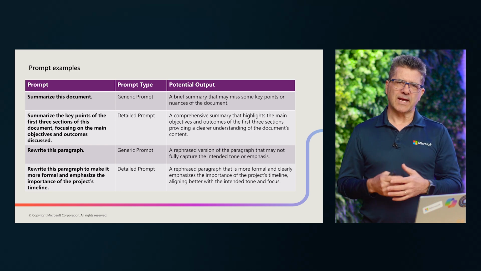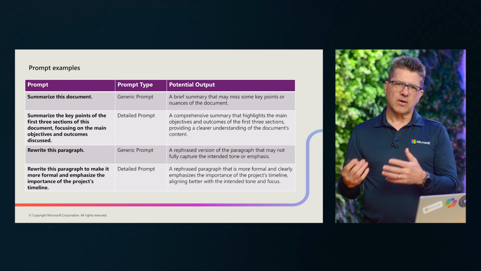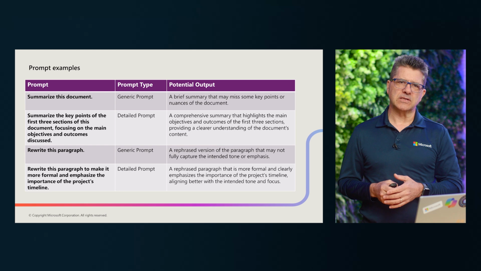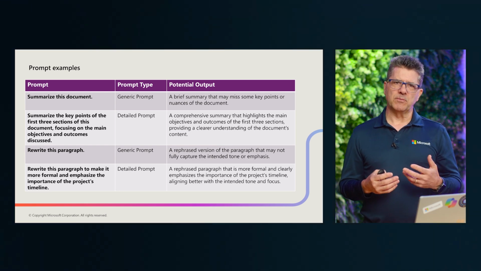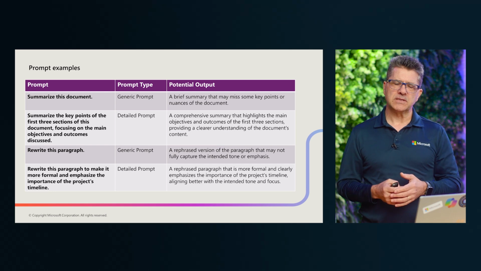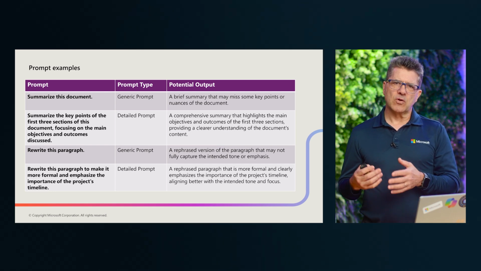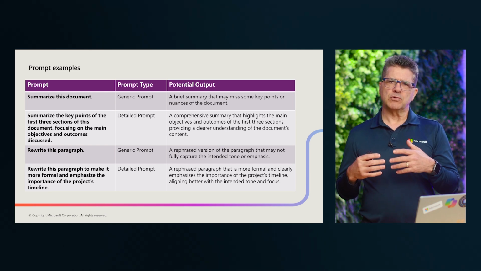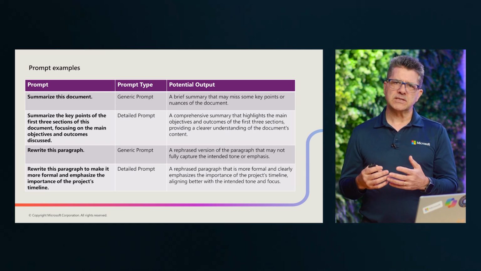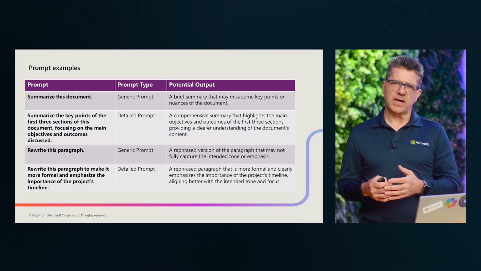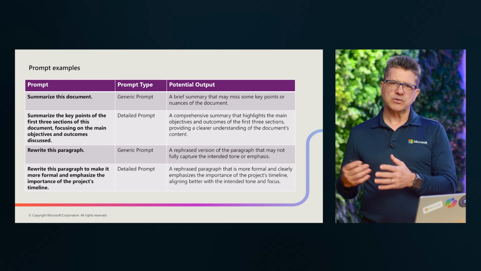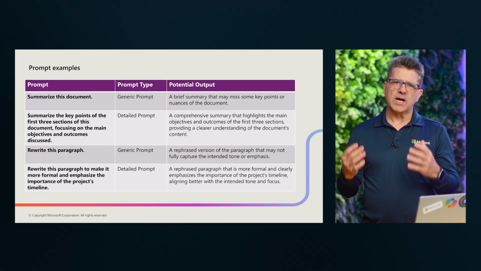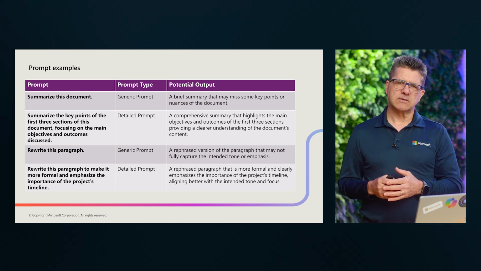How do I go to the next step of using Copilot to enhance my productivity? Summarizations, for example. I can ask Copilot to simply summarize a point on a document, but I can also ask Copilot to be more comprehensive. I want you to summarize, look at the highlights of the main points, look for any decisions that have been made, look for a specific bulletized approach to get this more clear, more understanding of this context.